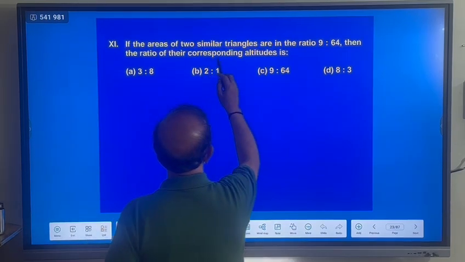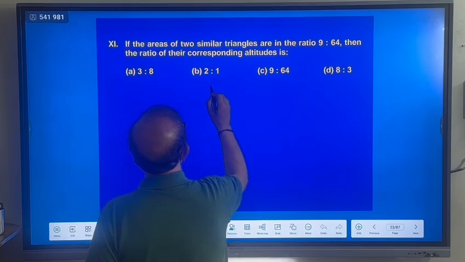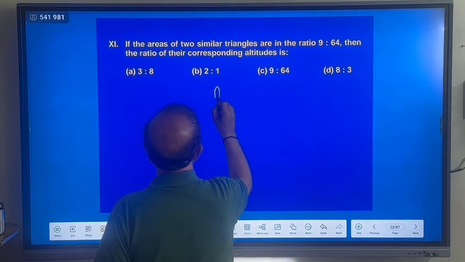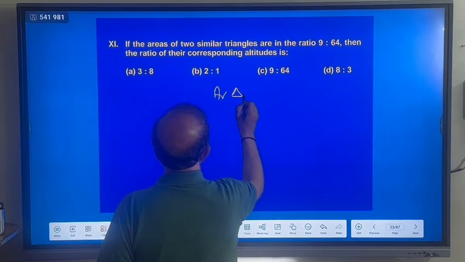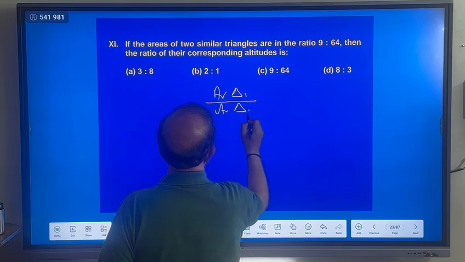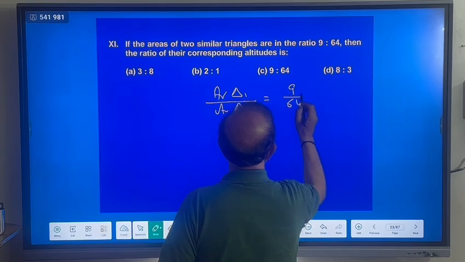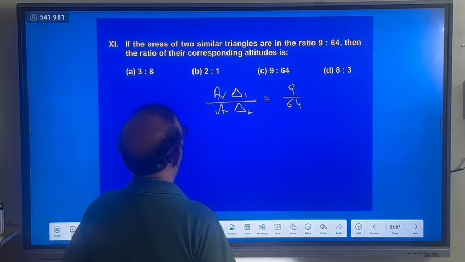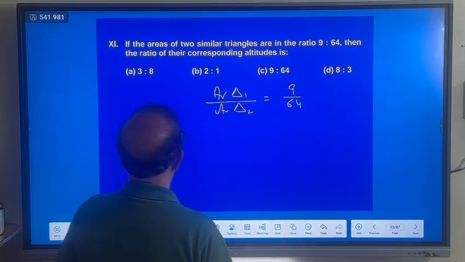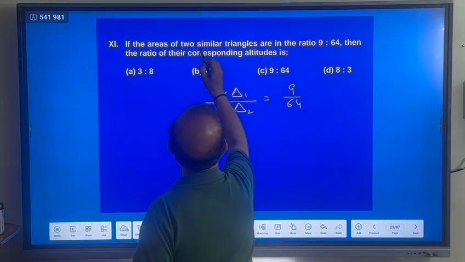The areas of similar triangles are in the ratio 9:64. This is given. Area of triangle 1 upon area of triangle 2 is given as 9/64.